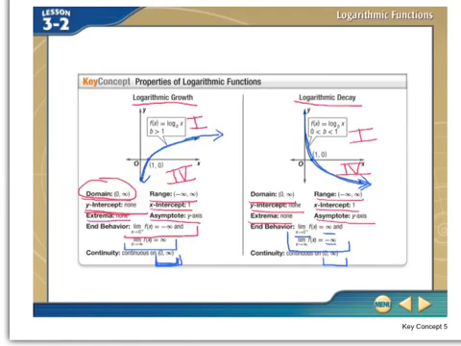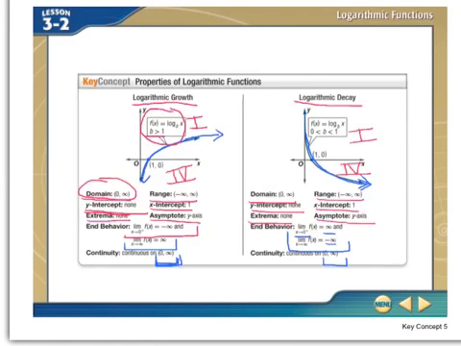One thing I did not mention yet is how we get these certain types of growth functions and decay functions. Up here, they've noted that f of x equals log base b of x is a growth function if your base is greater than 1. Very similar to exponential functions. When the base of your exponential function is greater than 1, it's an exponential growth function.